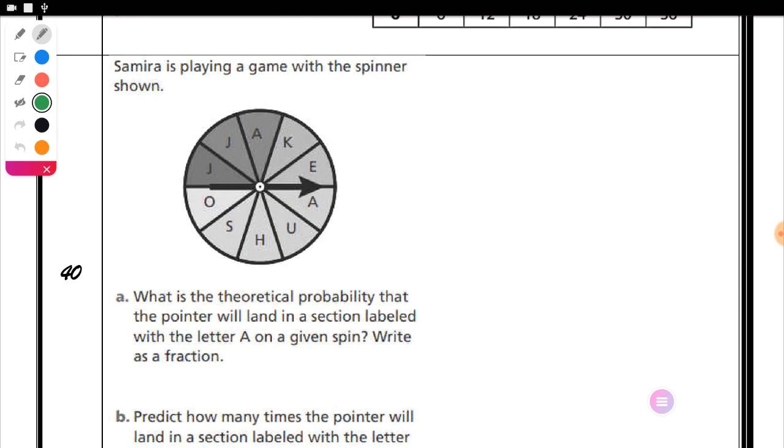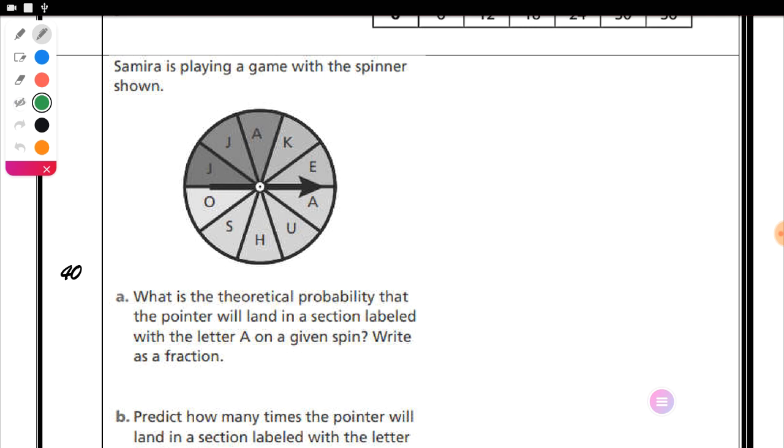Number 40. Samira is playing a game with the spinner. As you see, some letters are repeated, like A and J only, and the others are different. So it's an unfair spinner. What is the theoretical probability that the pointer will land on a section labeled with the letter A on a given spin?